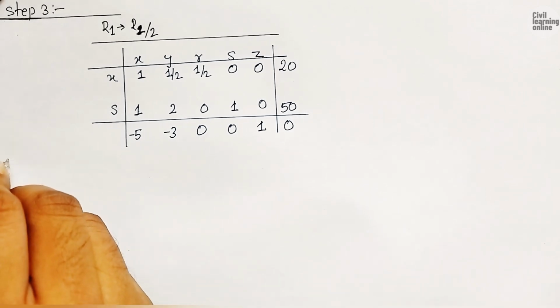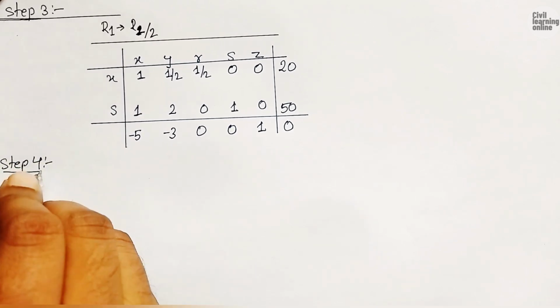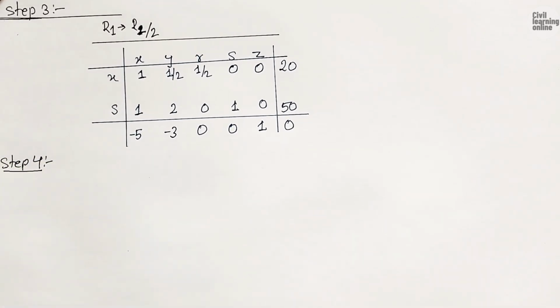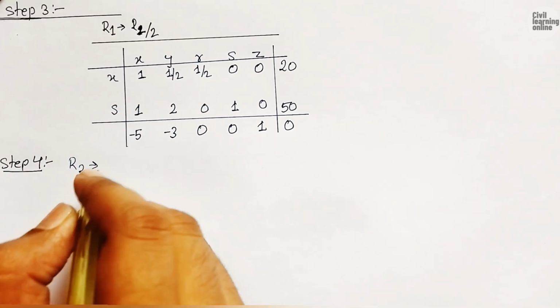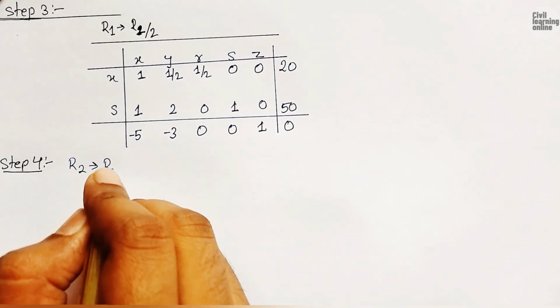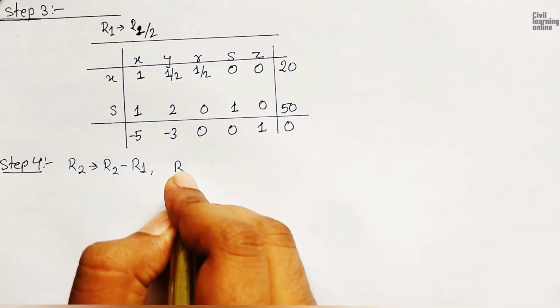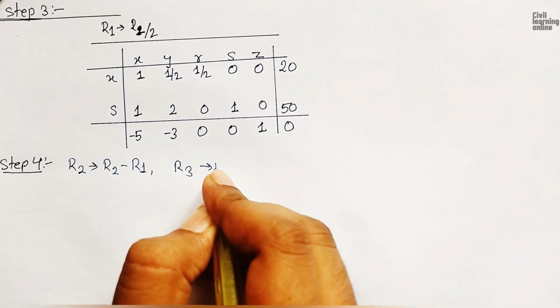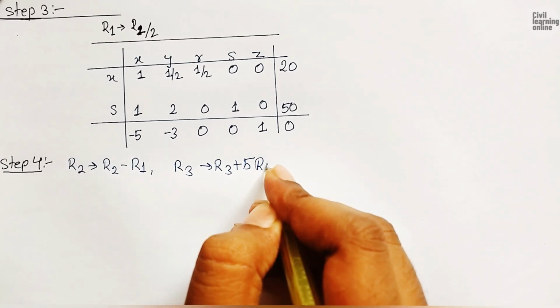So I am going to write here step 4, and in step 4 what we need to do is, I am going to write here, R2 implies, we have to convert the elements of R2, meaning row 2, to 0. So R2 implies R2 minus R1, and R3 implies R3 plus 5 R1.